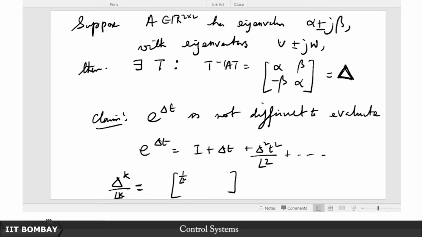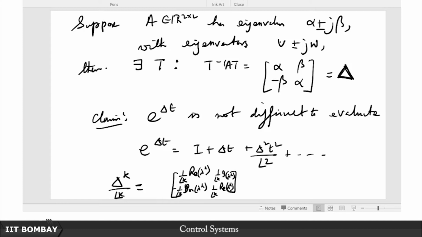1 by factorial k times the real part of lambda to the power k. This is 1 by factorial k times the imaginary part of lambda to the power k. This is again 1 by factorial k with a minus sign, the imaginary part of lambda to the power k, and this is 1 by factorial k times the real part of lambda to the power k.